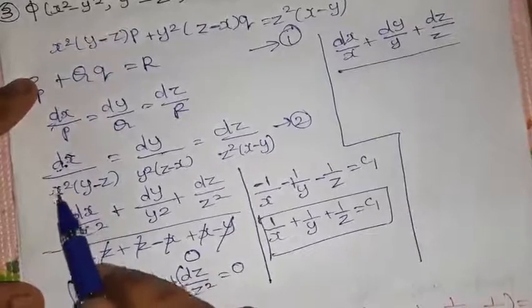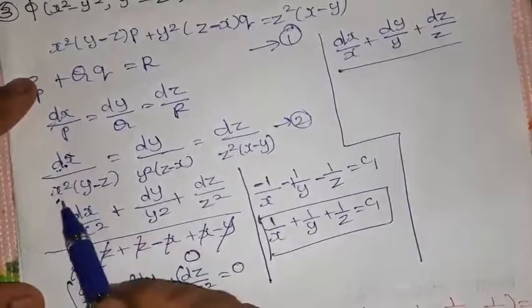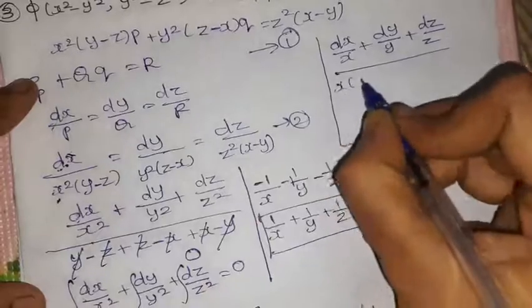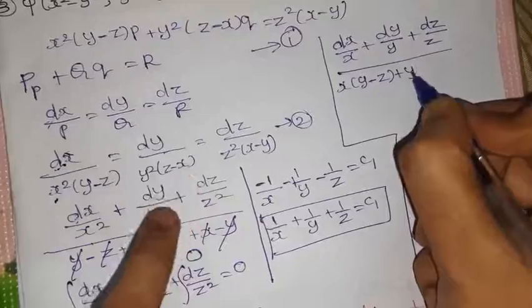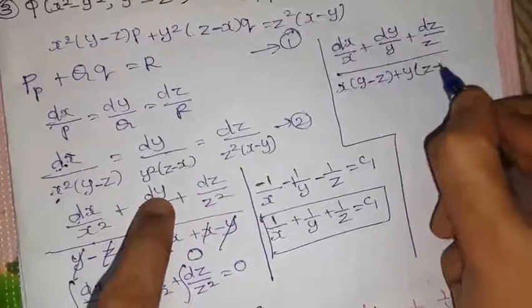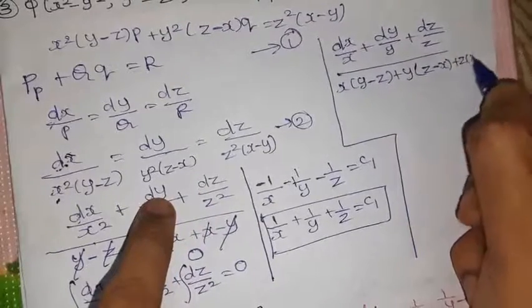If x goes to the numerator, what is remaining is x into (y minus z), plus y into (z minus x), plus z into (x minus y).